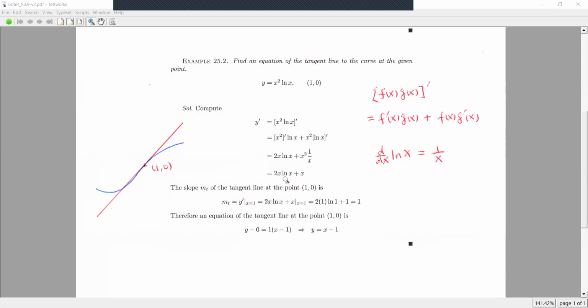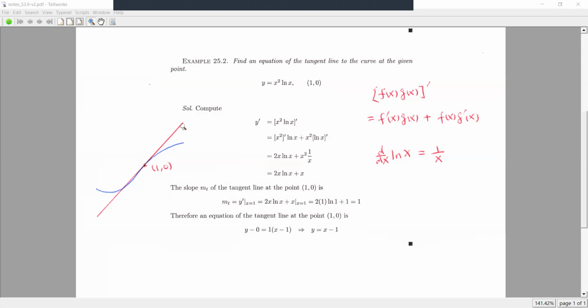And also, this is the slope of the tangent line at a general point x. After we get the derivative, then we can tell the slope of this tangent line. Plug in 1, the x coordinate of this point, in the x here. Then the slope of the tangent line at the point 1, 0 is 1.